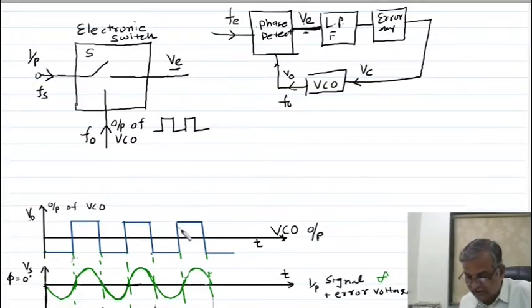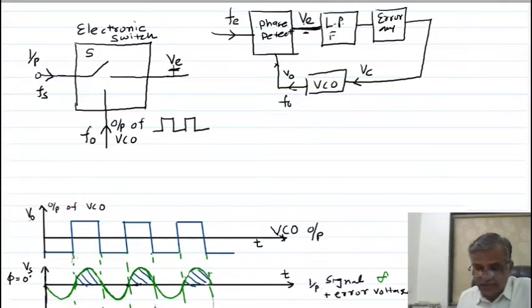So during this time the switch is closed, which means this much of the waveform will be passed through the switch, and VE is obtained only during the positive half of the input signal FS.